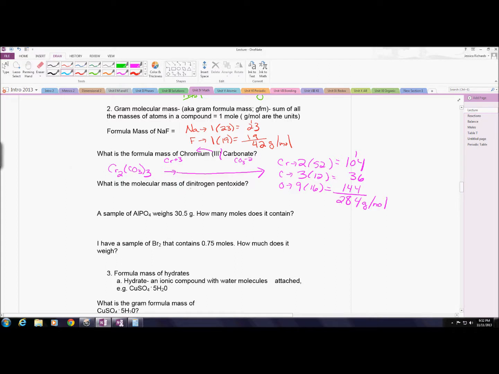We did talk a little bit about this common naming system when we have 2 nonmetals together, and you're supposed to know the prefixes. So dinitrogen means that I have 2 nitrogens. Pentoxide means that I have 5 oxygens. So when you add up the formula mass for this one, 2 nitrogens, 5 oxygens. Oxygen we already know is 16.